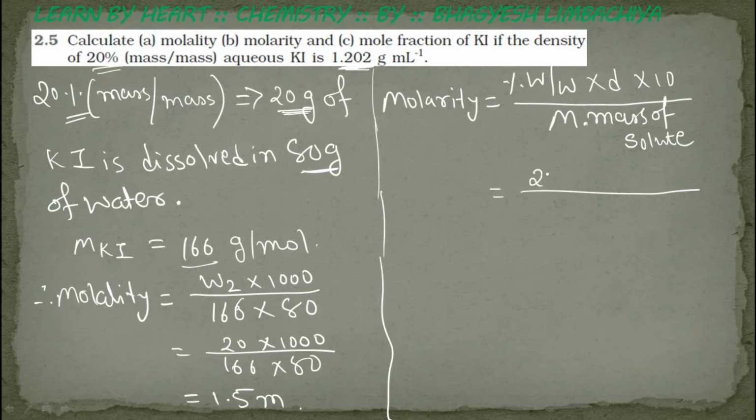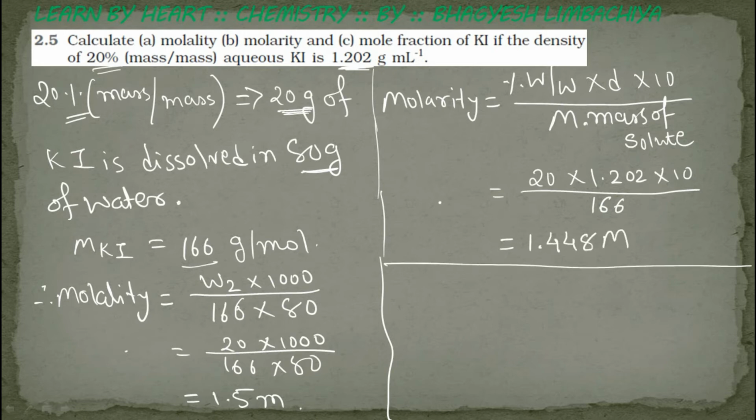W by W is 20, density 1.202, multiplied by 10 and divided by molecular mass 166, and the answer is 0.448 molar. Now the third thing is the mole fraction of KI. For that, number of moles of KI will be 20 by 166.